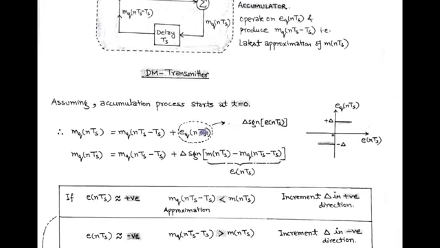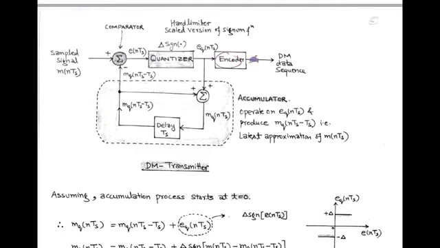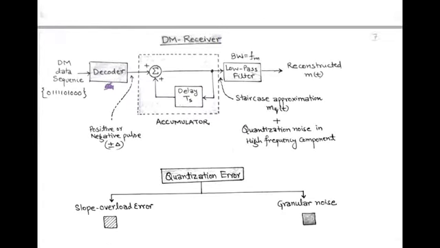Next, the quantizer output, that is eq(nTs), is encoded into a unique bit sequence. This DM data sequence is transmitted via a channel and received by the DM receiver, which consists of a decoder, accumulator and low pass filter. Now, at the DM receiver, the input data sequence is first decoded and converted into plus or minus delta corresponding to a positive or negative pulse.